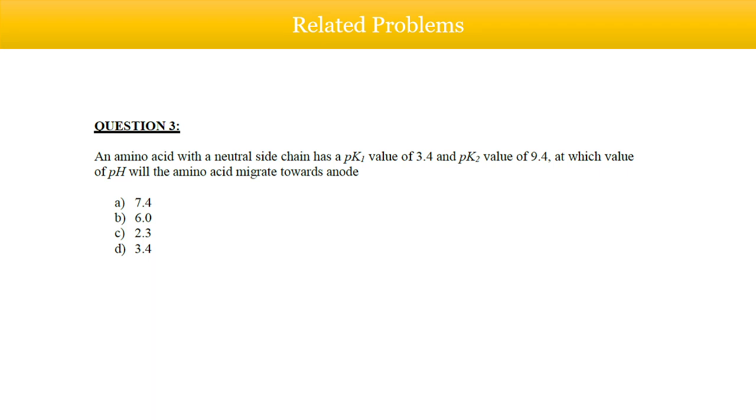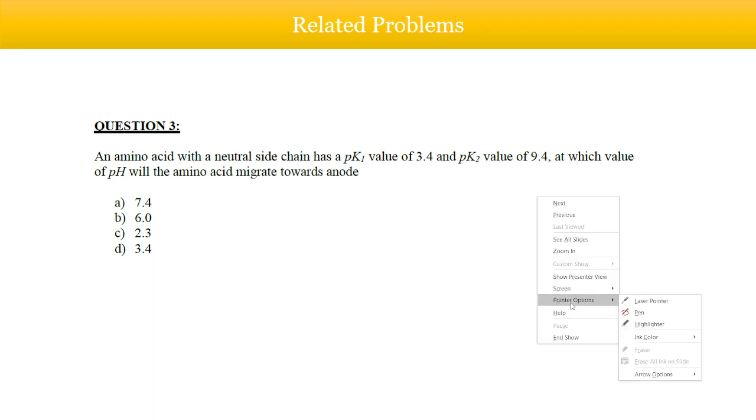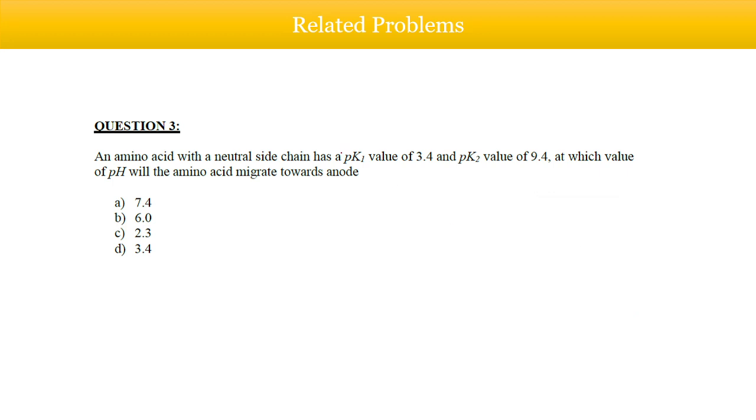We calculate the pI as (pK1 plus pK2) divided by 2. So when we take the pK1 of 3.4 and the pK2 of 9.4 and divide by 2, we get a pI which equals 6.4.